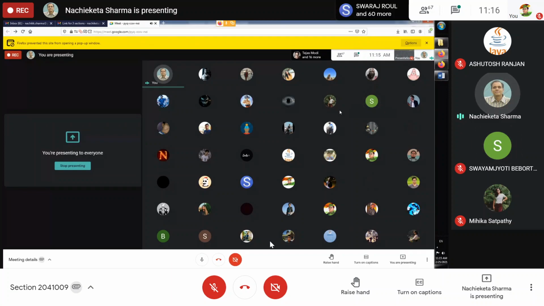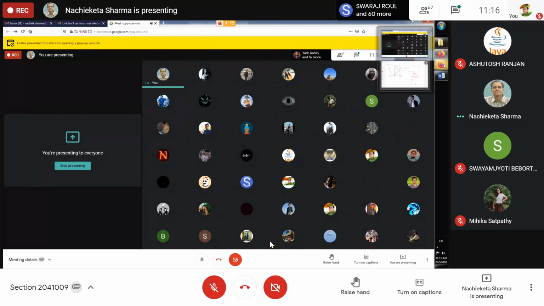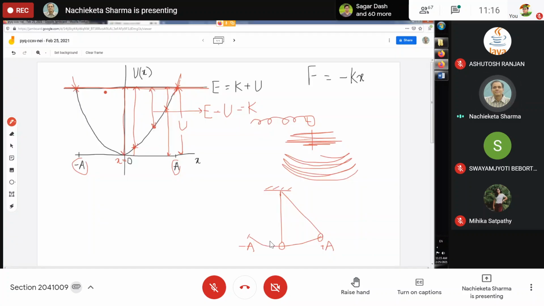Now suppose I am giving you a figure, and you say how it is not going to be violated. Suppose the potential energy reaches this point, and let us assume the total energy is 10.